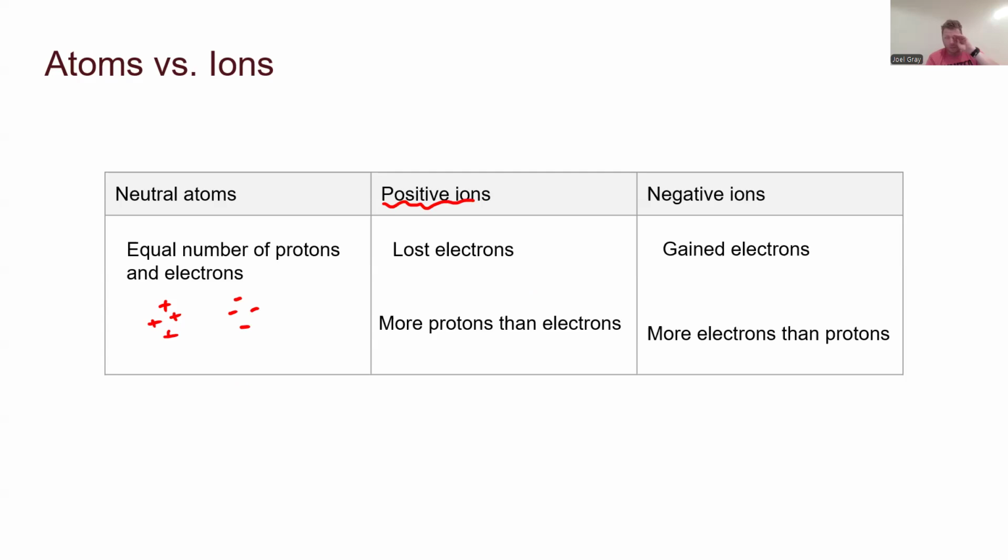I always like to think of other sorts of examples or analogies. If you have an income of $10,000 a month, but then you have expenses of $15,000 a month, what is your financial statement at the end of that month? Well, 10,000 positive, 15,000 negative.